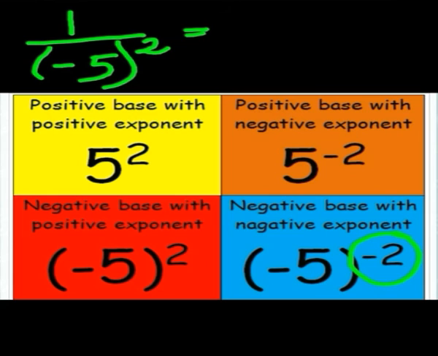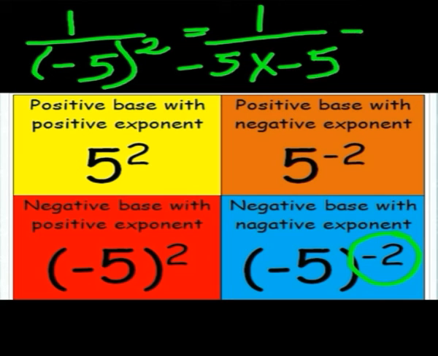Now how will you solve it? It will be 1 upon minus 5 into minus 5, which will give you 1 upon positive 25. Have you understood it?